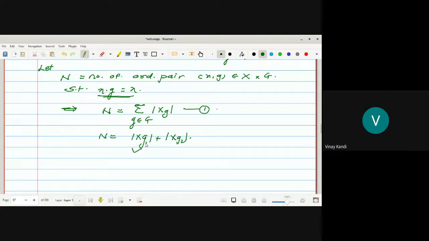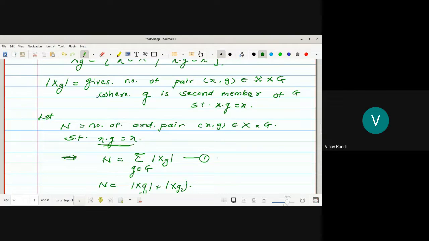What is xg1? xg1 is nothing but the number of ordered pairs (x, g) belonging to X cross G, where g is the first member of G such that x·g1 is equal to x. The number of ordered pairs that hold this condition. Similarly, what will xg2 be? The number of ordered pairs such that x·g2 is equal to x.